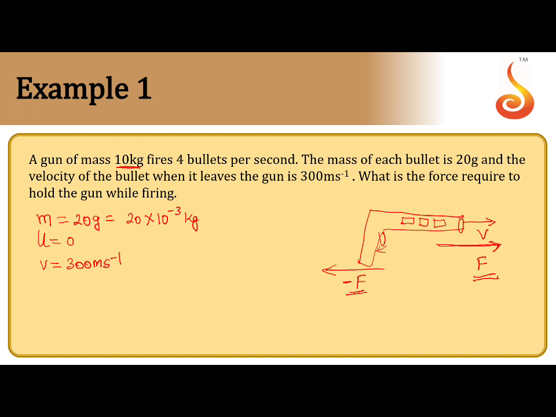Now the time taken, they have told 4 bullets per second. Now you can do the problem in two methods. Method number 1: 4 bullets are pushed out in 1 second. So the time taken will be 0.25 seconds for each bullet.